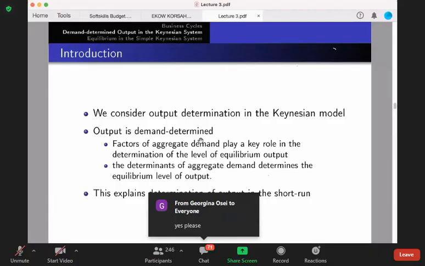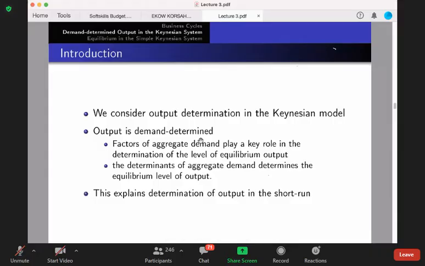I gave you the storyline some minutes ago: Keynes' proposition during the Great Depression was that there was a lack of aggregate demand, and to increase GDP, we should focus on demand. So Keynes says output is demand determined. National income is demand determined.